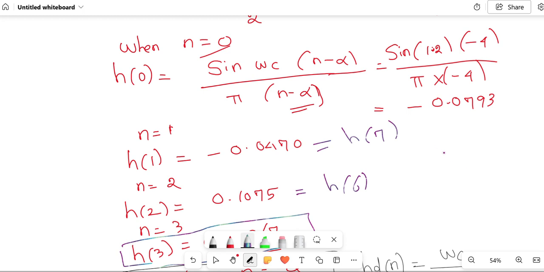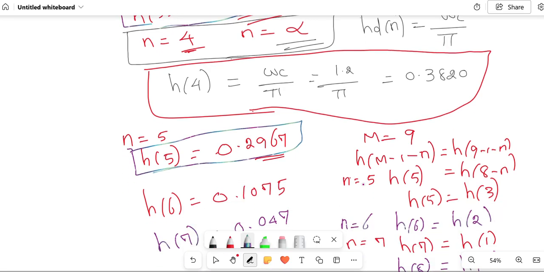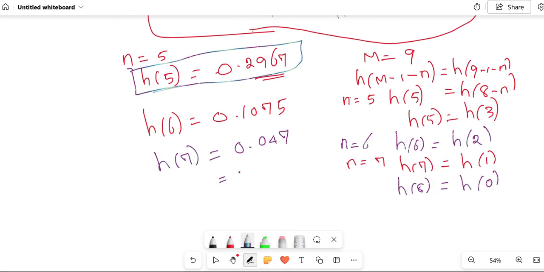It is minus 0.0793. So h of 8 is also minus 0.0793.